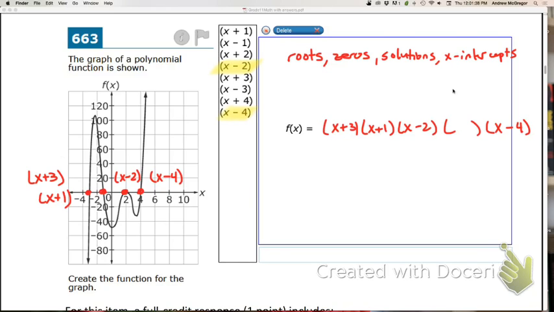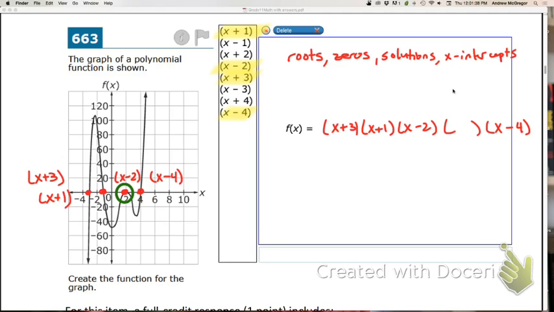The trickiest part about this problem, and I don't know if Frank taught you this, because it's a very small detail, and it's probably where students are going to miss this, is this guy right here. You see this solution? It happens to land right on the x-axis. It doesn't go above or below, which actually means you have two solutions there.